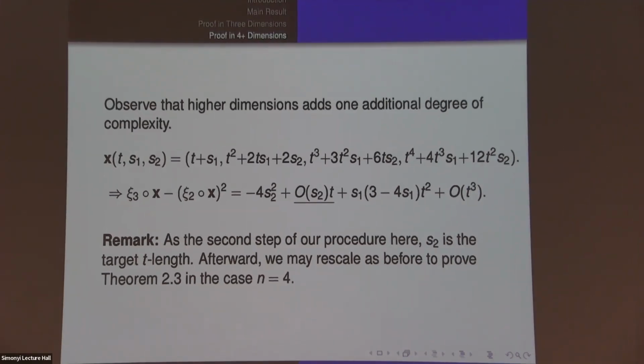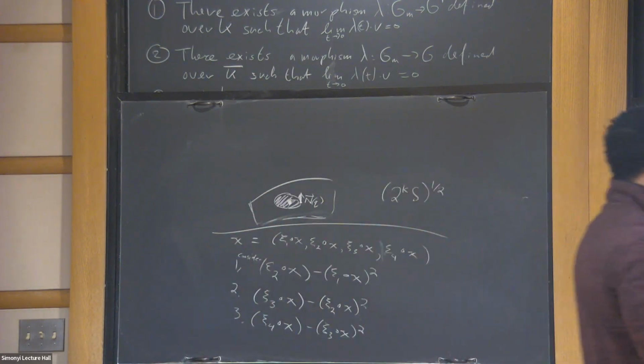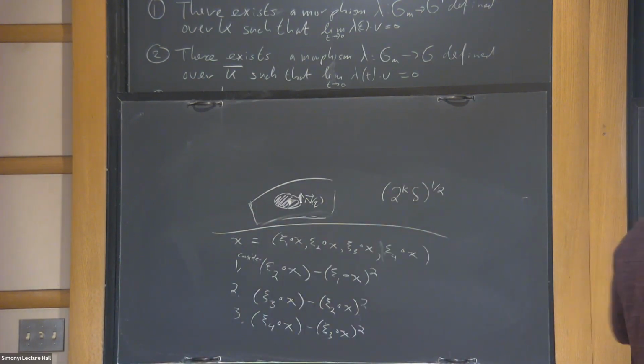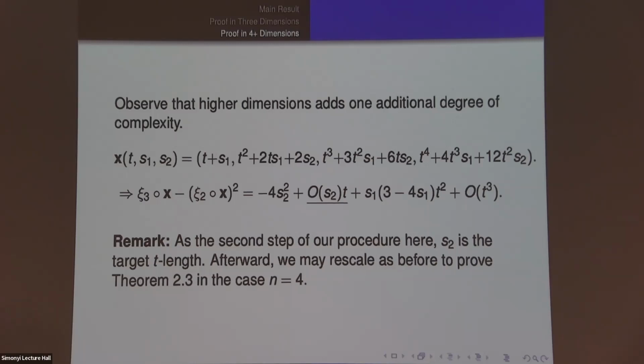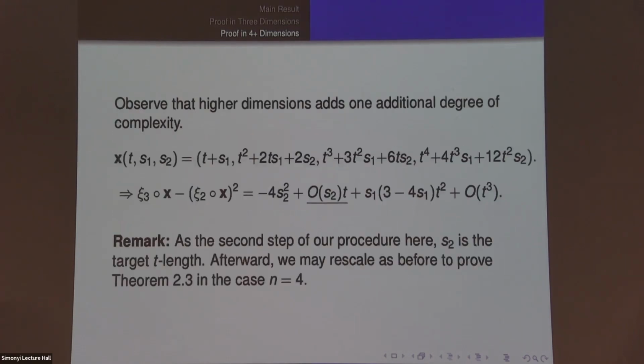Right, so here, the second step is the same second step as written on this board. And our target length, which is also the same as the completion of the second step, is to reach caps that have T length S2, where S2 is, as before, fixed to be some dyadic power. Sorry, I keep switching back and forth, but I need to say one more thing.